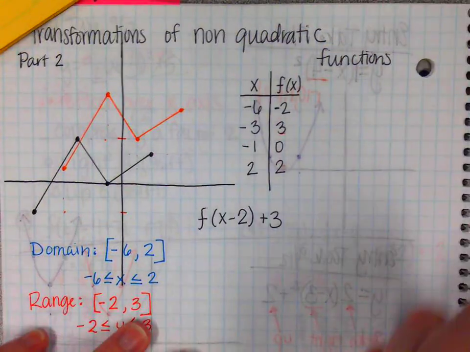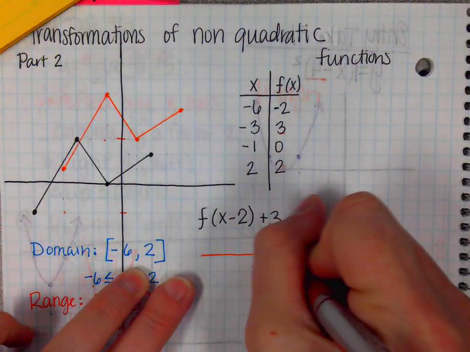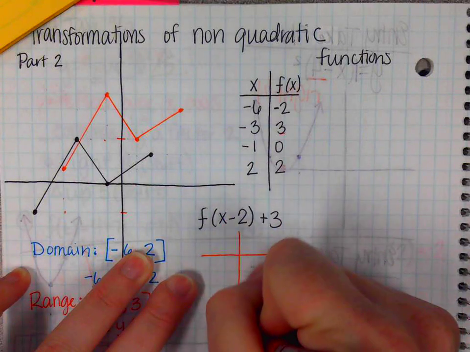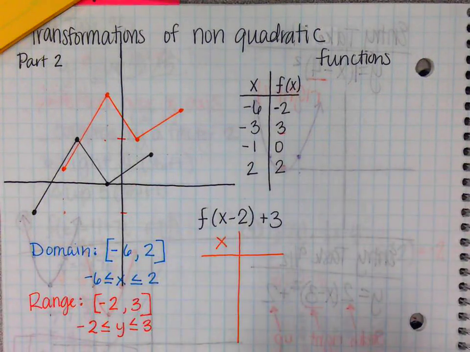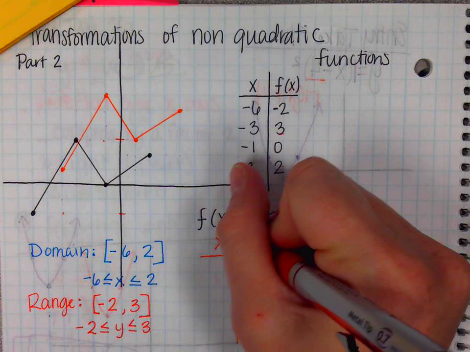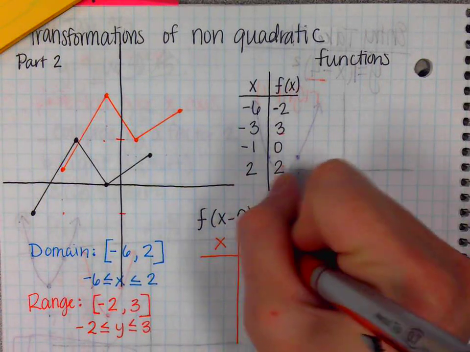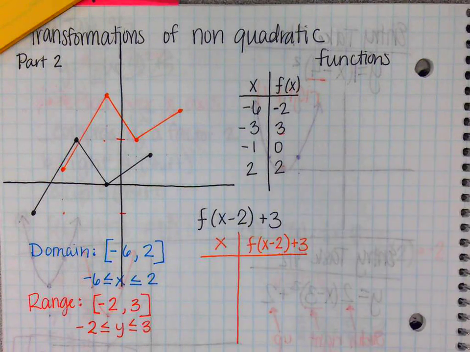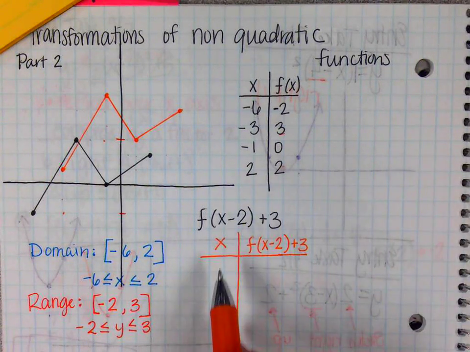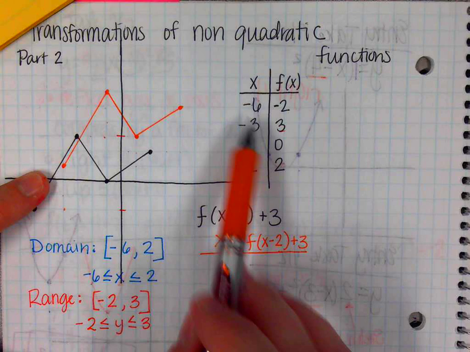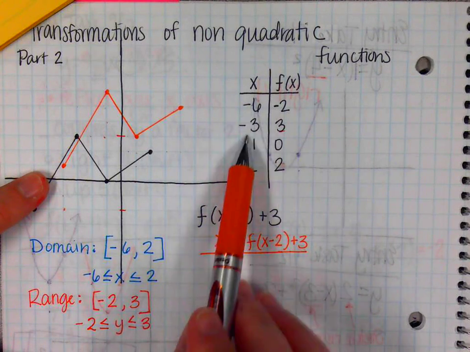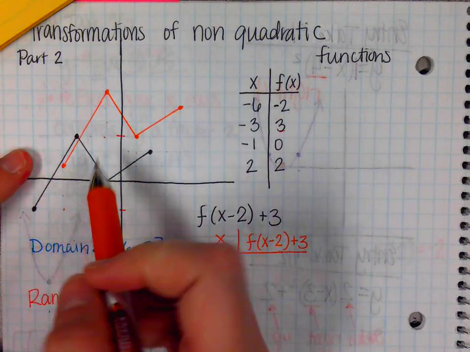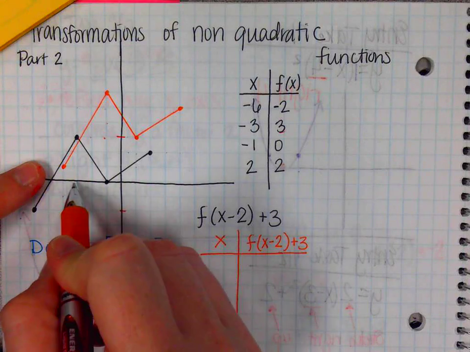And then we're going to create the table. So we have x, and then f(x - 2) + 3. We're going to find the new values and list them in the same exact order. So I did this point first. So 1, 2, 3, 4.